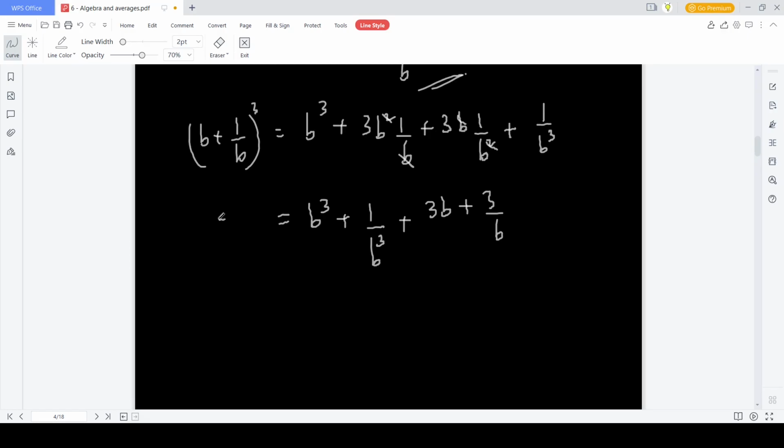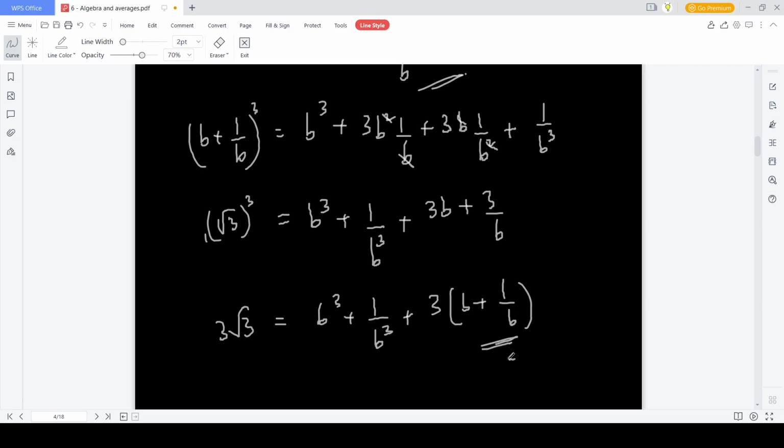So this comes as root 3 the cube, which is equal to b cube plus 1 by b cube plus 3 into b plus 1 by b. Root 3 cube is nothing but 3 into root 3, which is equal to b cube plus 1 by b cube plus, I told take 3 common, we'll get b plus 1 by b, which is nothing but again root 3.